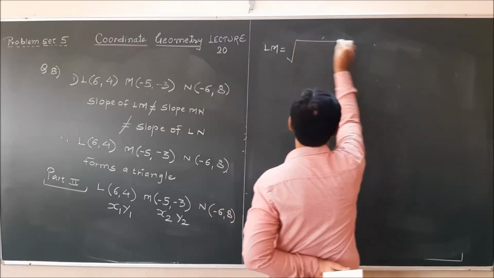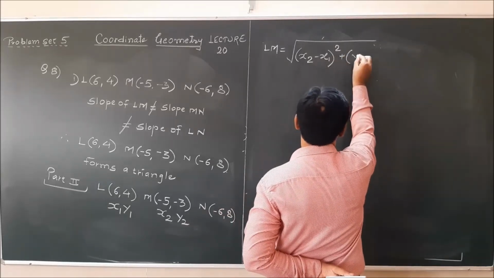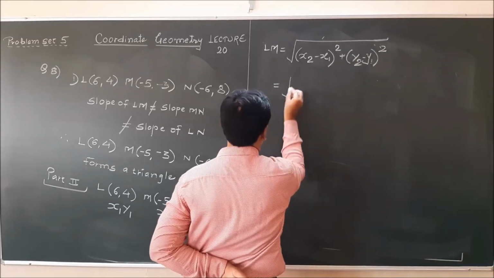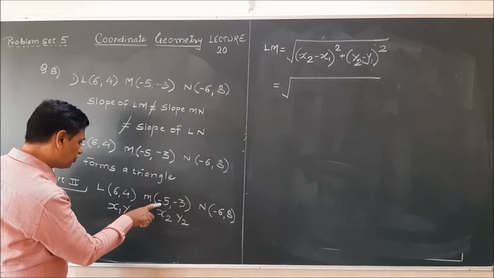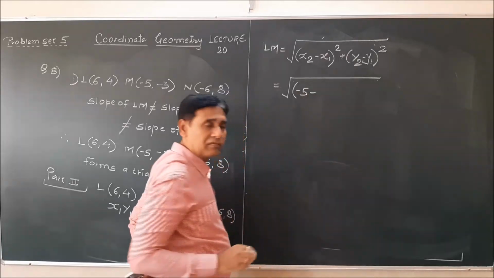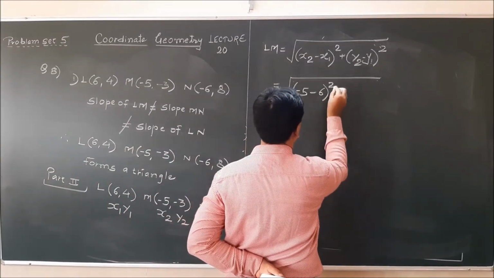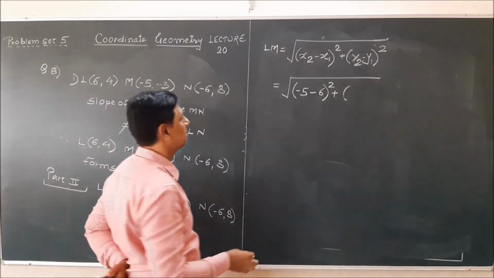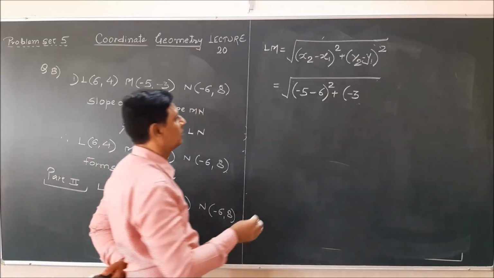So distance LM is equal to root of (x2 minus x1) the whole square plus (y2 minus y1) the whole square. x2 is minus 5, so minus 5 minus the value of x1, 6, whole square, plus the value of y2, which is minus 3, minus the value of y1, 4.